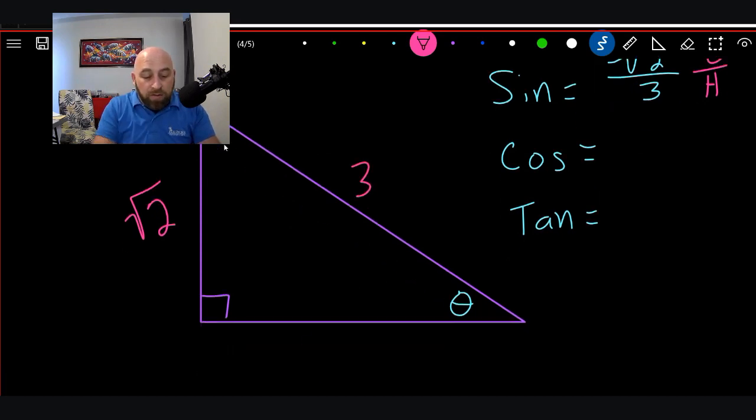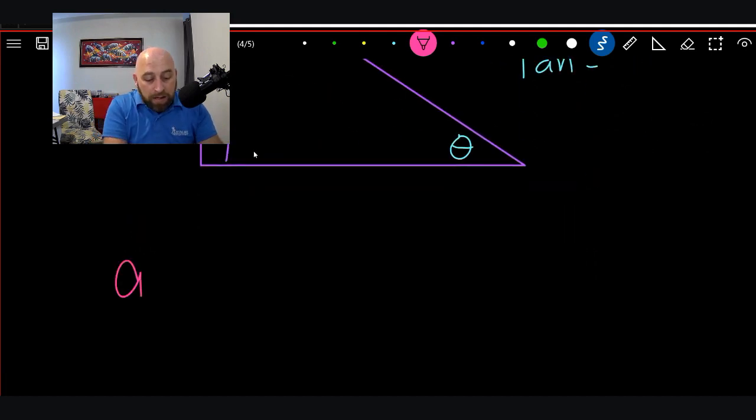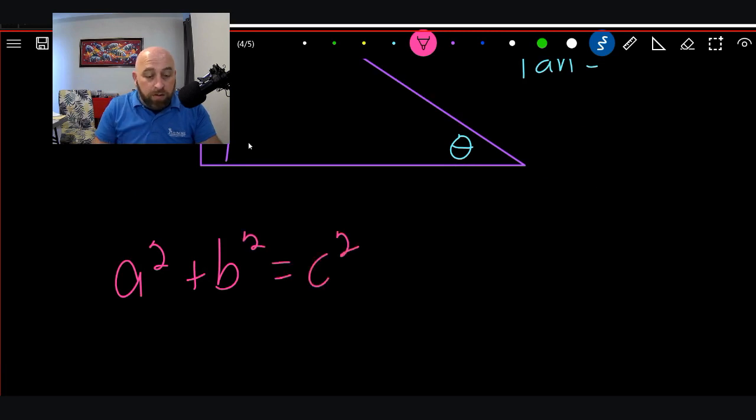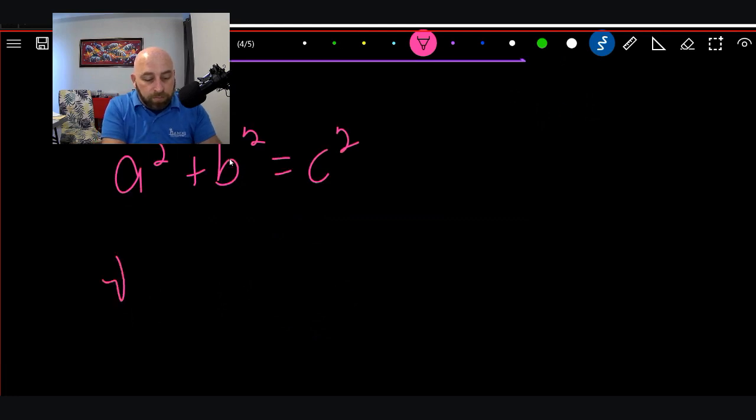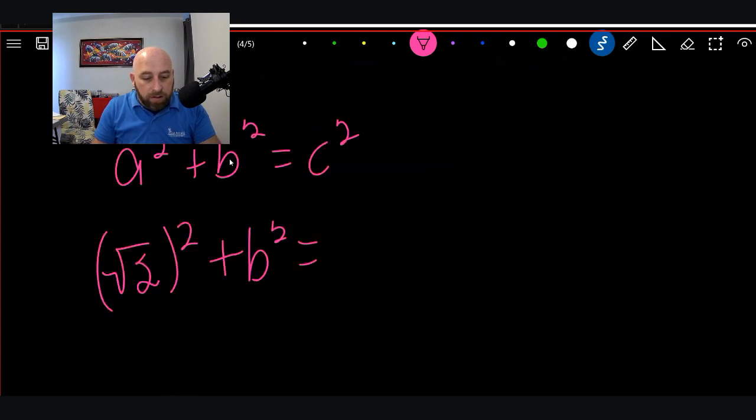Now we're looking for the b side. How do we find the b side? Well, a squared plus b squared equals c squared. Now just plug them in. So square root of 2 squared plus b squared equals 3 squared.